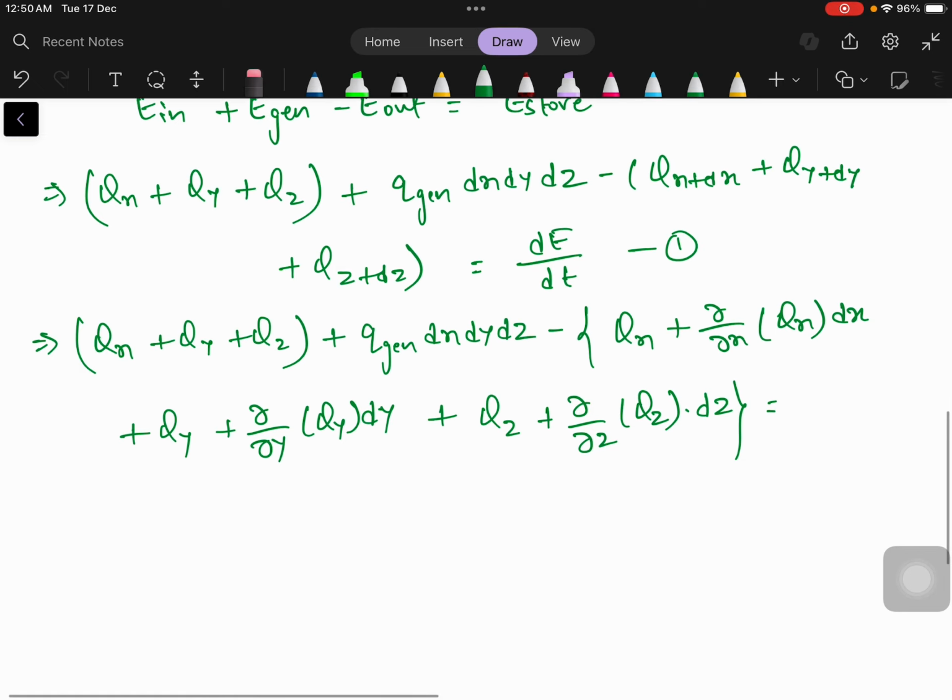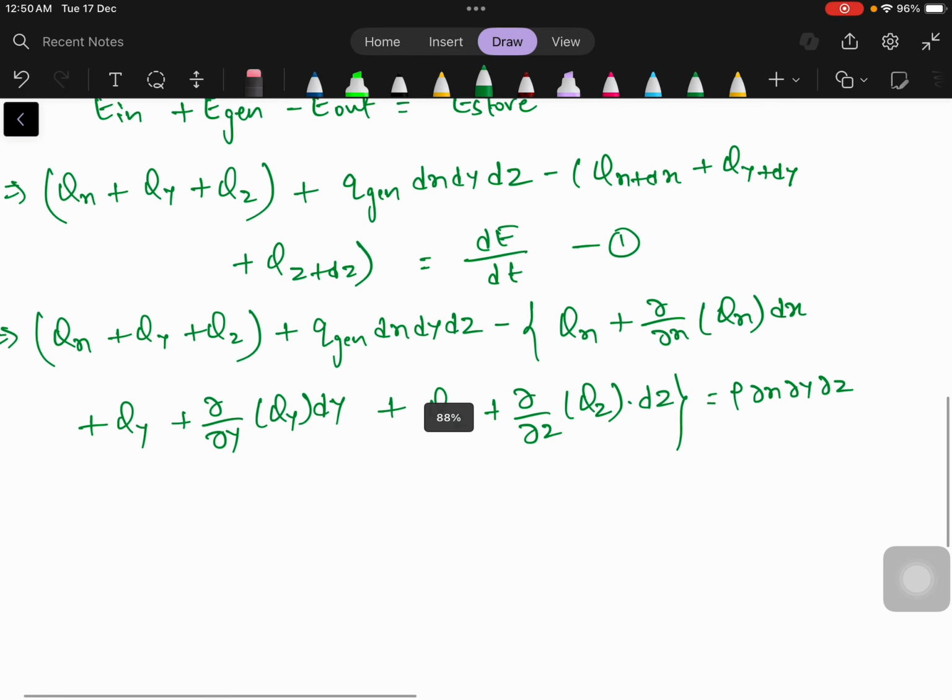And we can write rho dx dy dz, rho into volume equals mass, times c del T by del t. This T is temperature and this t is time.